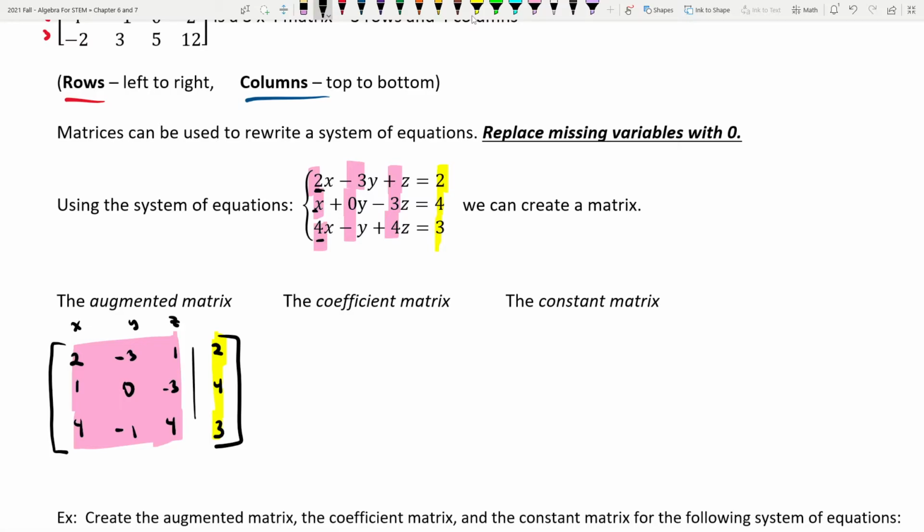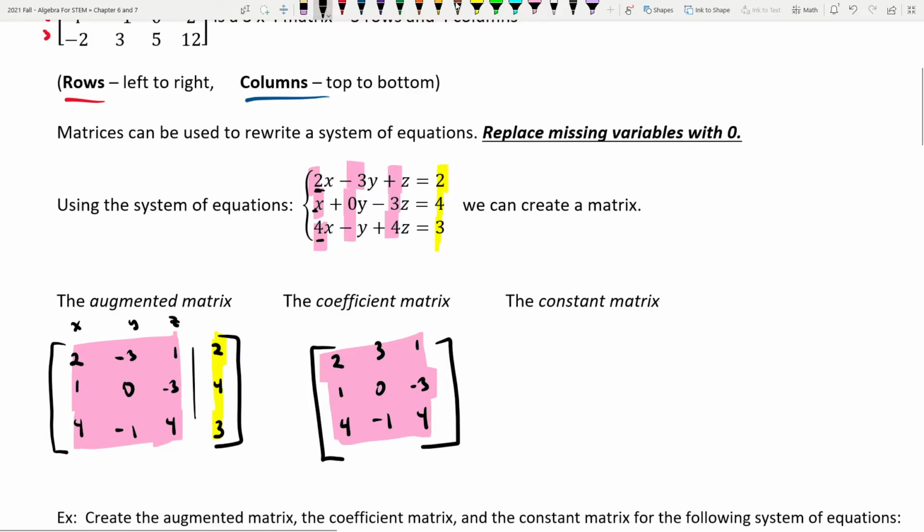The coefficient matrix is a 3 by 3 matrix that contains only the coefficients. So it contains 2, 1, 4, 3, 0, negative 1, and 1, negative 3, 4. The augmented matrix is called the augmented matrix because it's the coefficient matrix that's augmented by the constants 2, 4, and 3. These numbers are exactly the numbers that we get from the pink zone over on the left.